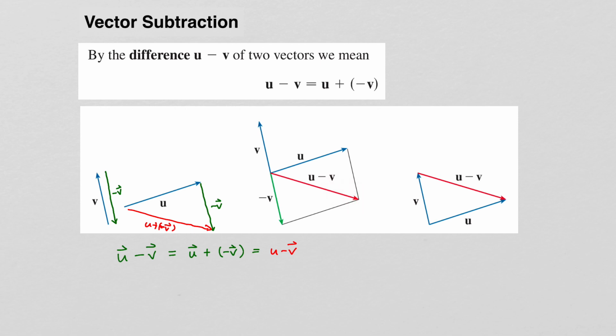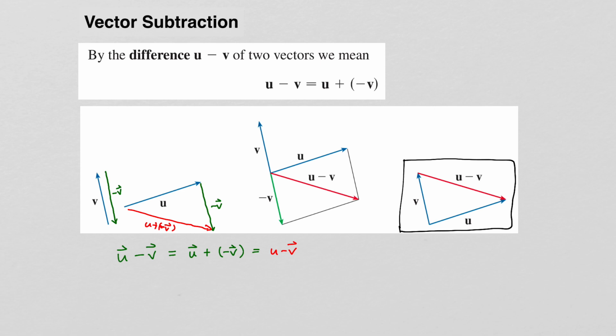Or the parallelogram way of doing it is taking vector u and negative v from the same starting point and then just drawing the diagonal of the parallelogram. But there is a better way to think about the subtraction of two vectors, a much quicker and easier way to do this. And that is what you see right here.